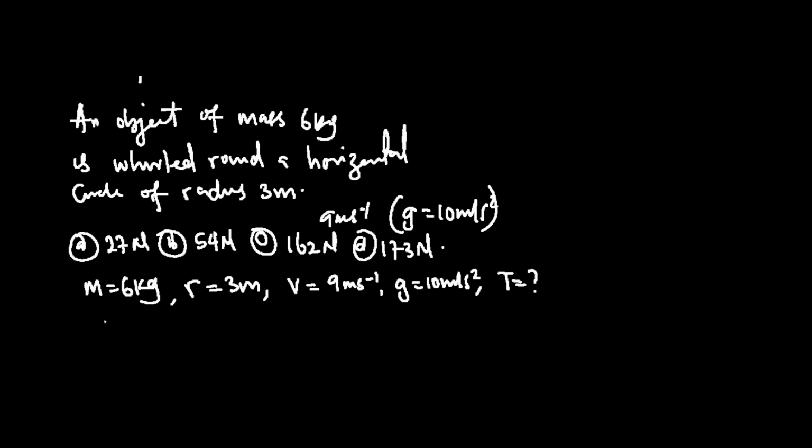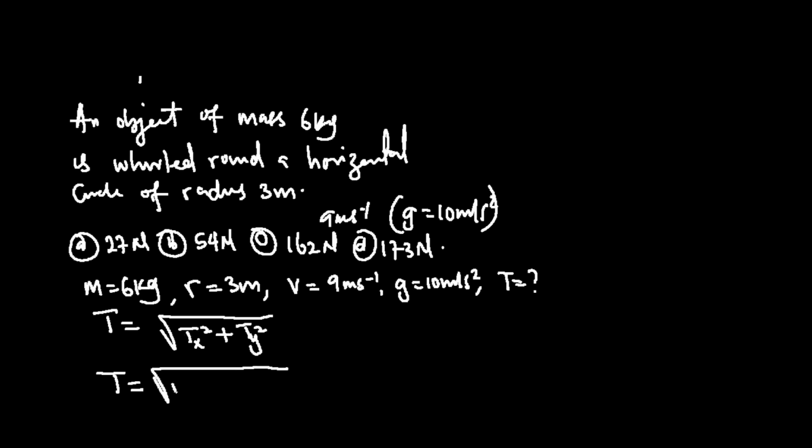So we have that the tension force for a circular body is given as the square root of Tx squared plus Ty squared, where T is equal to mass times acceleration, that is centripetal acceleration, plus this one will be mg.